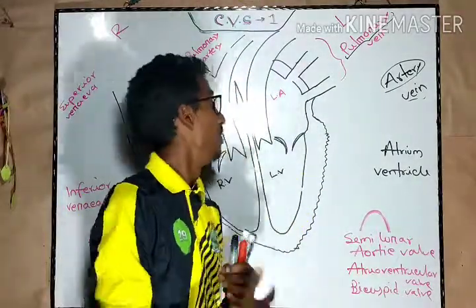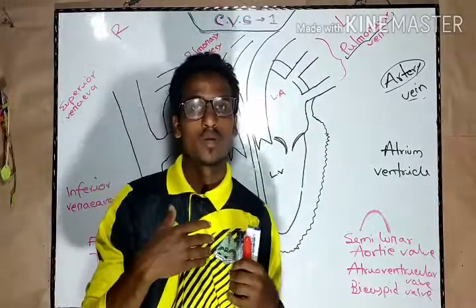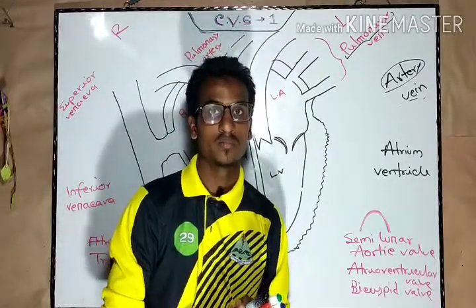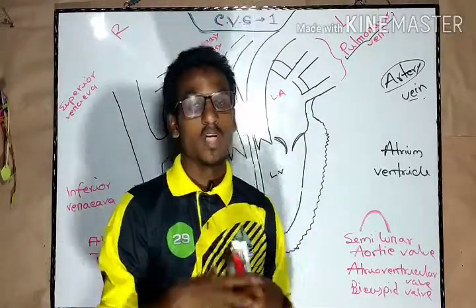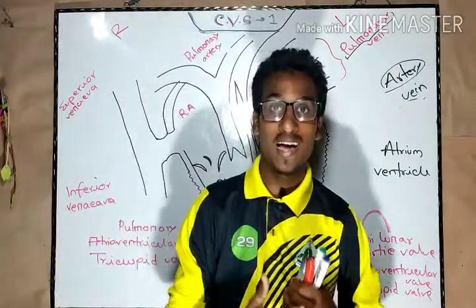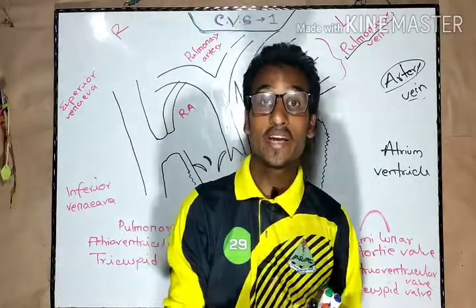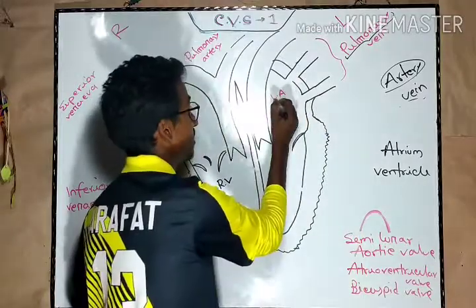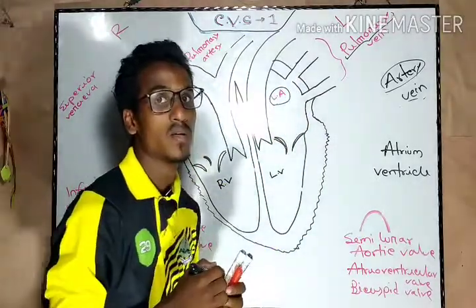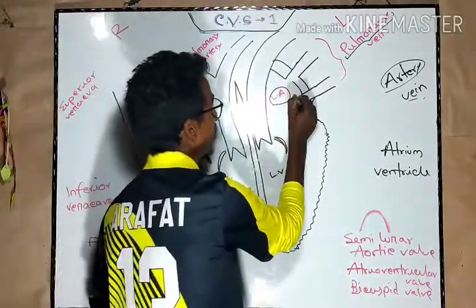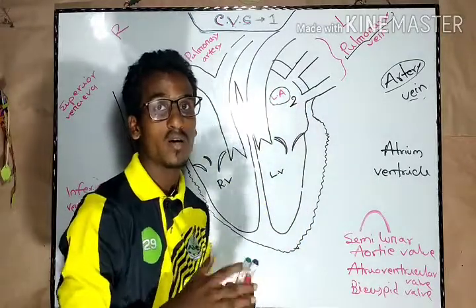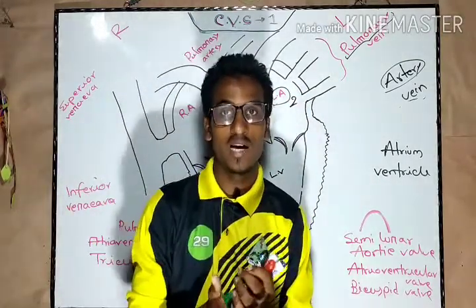Now, look at the blood flow through the heart. The oxygenated blood from the lungs drains into this left atrium. So it is the chamber of oxygenated blood which comes from both lungs.